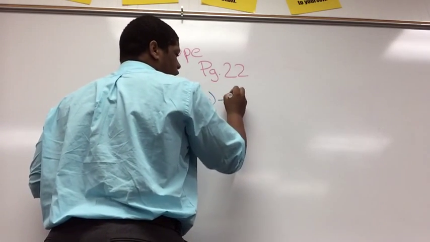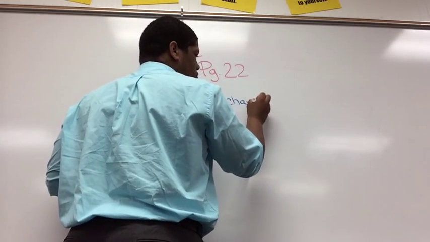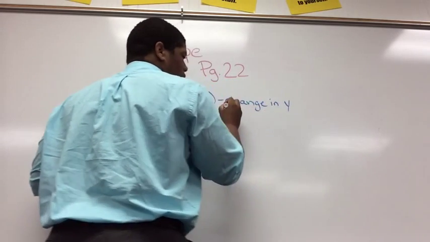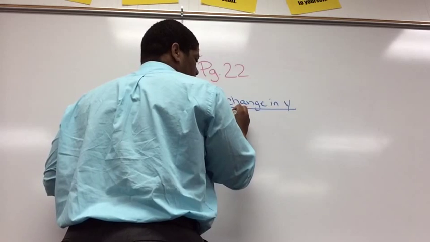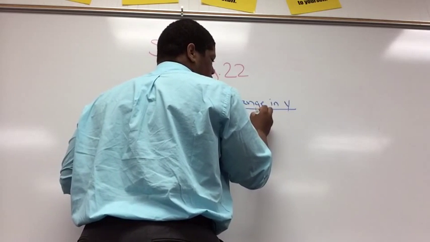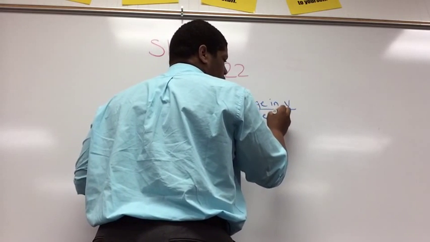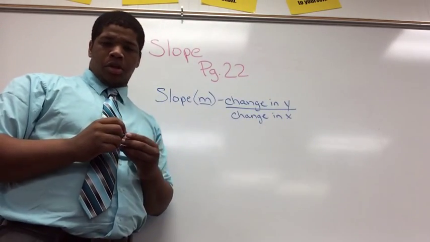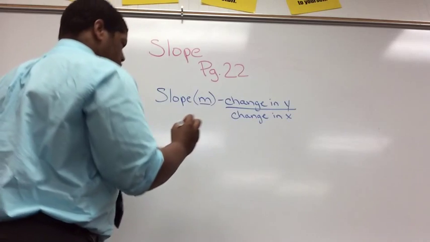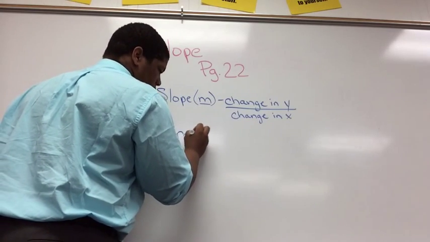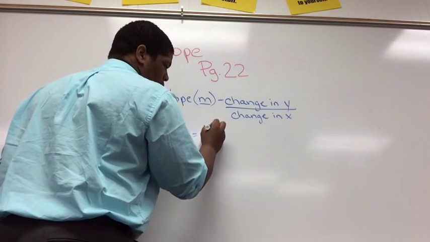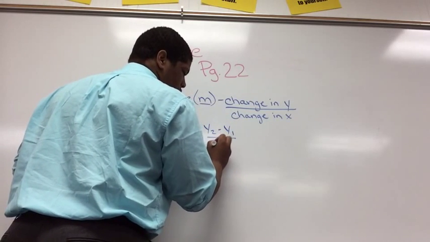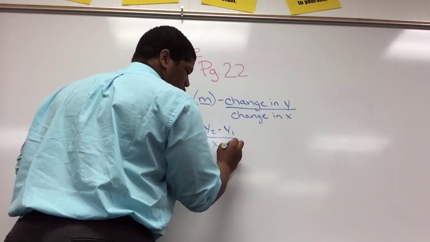Slope is the change in Y over the change in X. So another way you can put that is M equals Y2 minus Y1 over X2 minus X1.